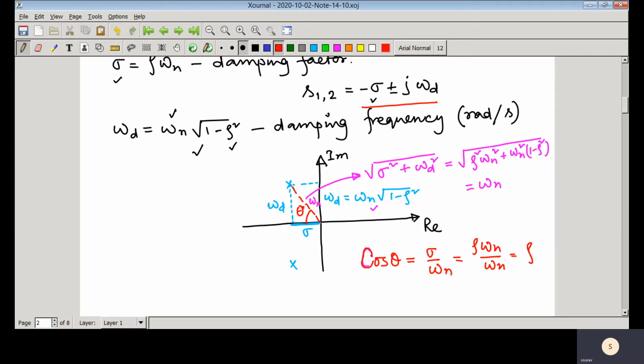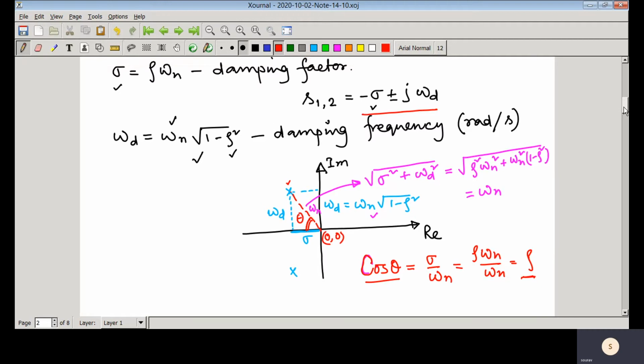So if you have a pole here and you connect it with the origin, it gives you some angle theta, and if you take cos of that theta, it gives you the damping ratio. So in case of a second order system, whenever you have two poles, just by plotting those two poles in the complex plane, you can directly find the damping ratio. After getting this theta, you take cos of that theta, and it gives you the damping ratio.